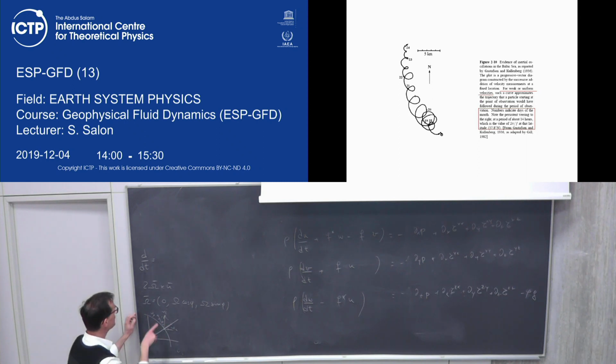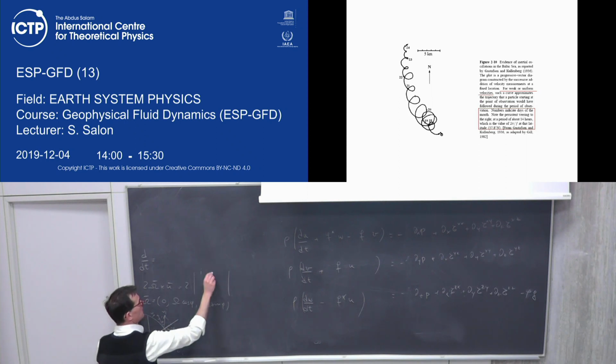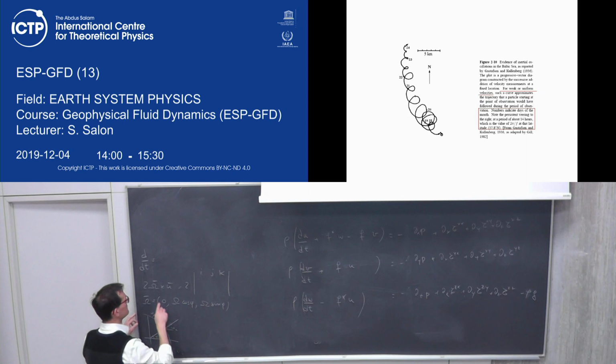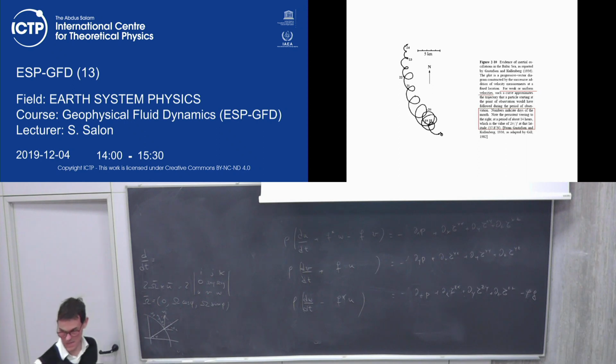Okay? So when I do this, 2 e j k, then 0, omega cos phi, omega sin phi, u v w. So vector product, this is something that you should know.